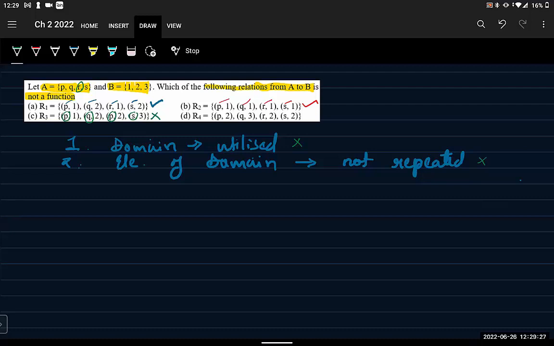Looking at the fourth option, P2, Q3, R2 and S2. Here we can easily say P, Q, R, S, all the elements of the domain are utilized, and in each and every ordered pair the first element is different. The second condition is also satisfied. This is a function. So which of the following is not a function? Option C would be my answer. Relation 3 is not a function.